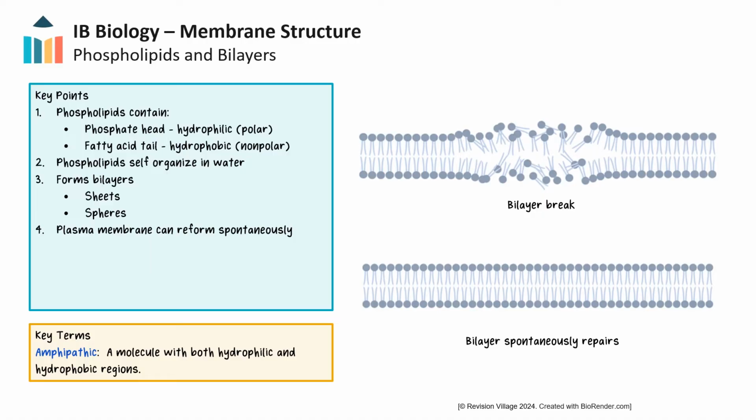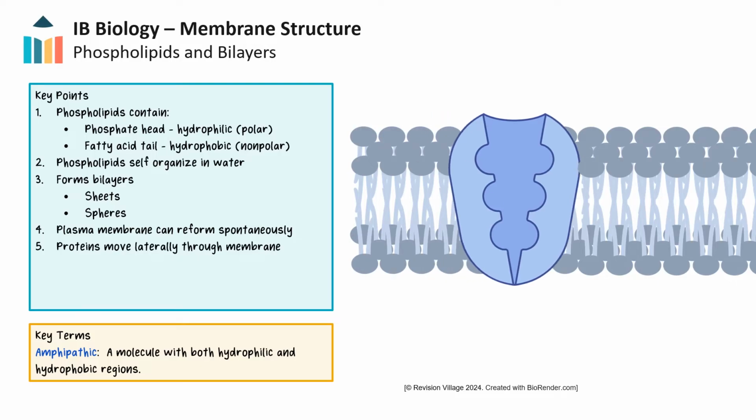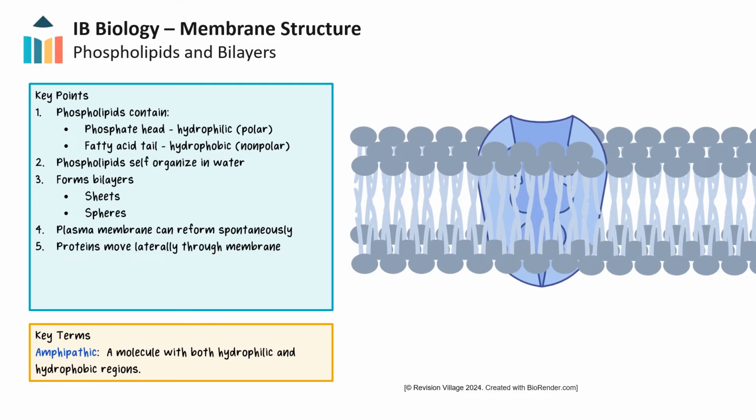When small breaks occur, the membrane can spontaneously reform to repair itself. The fluidity of the membrane also allows proteins and other molecules to move laterally through the membrane. This movement allows interactions between membrane proteins and other molecules.